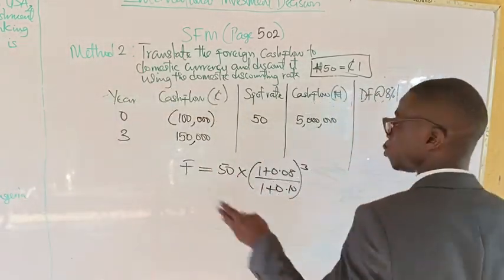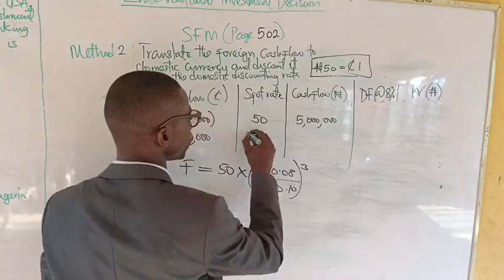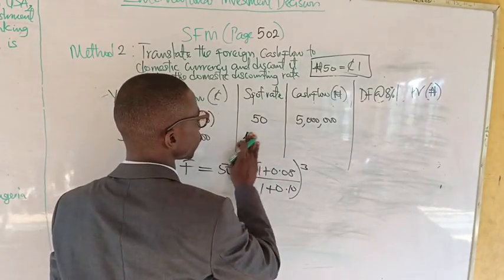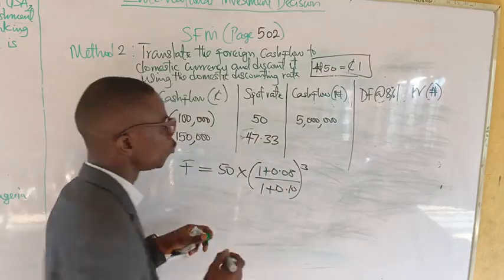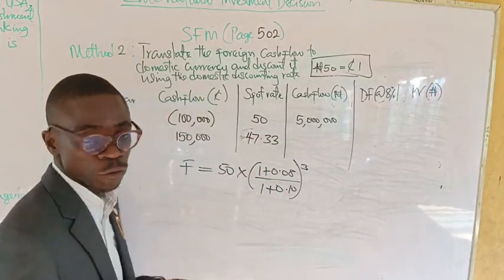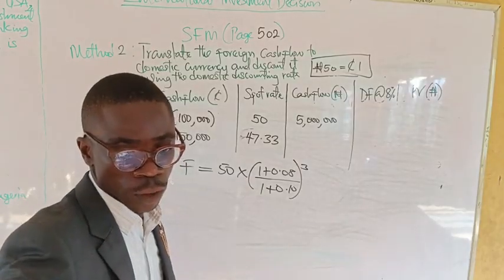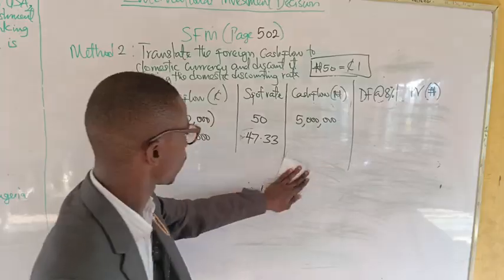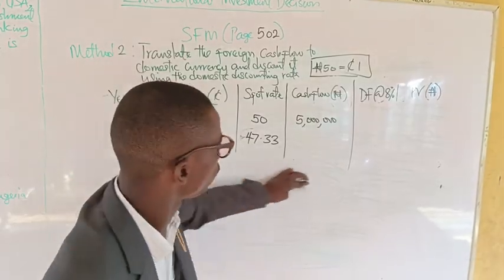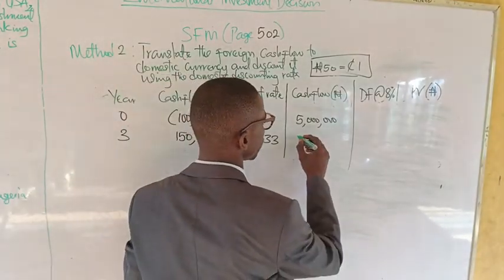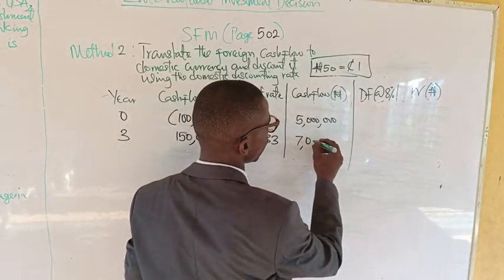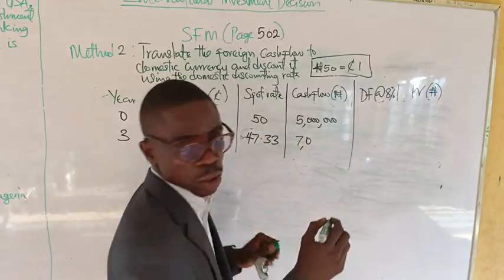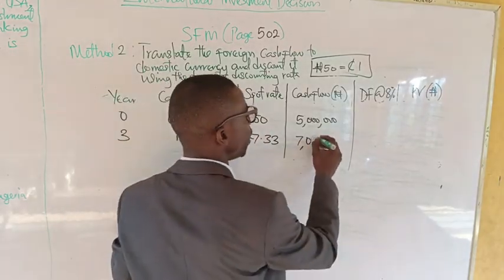So 47.33. So 47.33 times 150 gives 7,098,000. Okay, 7,098,000.